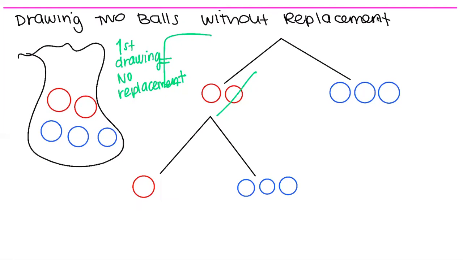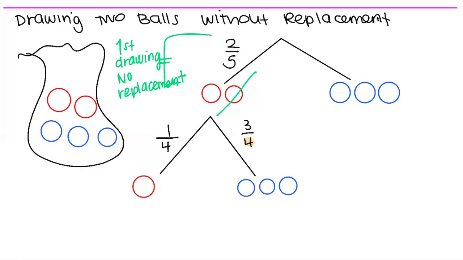And so before, my probability for red was 2 out of 5. Now, in my picture here on my tree diagram, I only have one red ball. And out of, in fact, a total of 4, one of them is red, 3 of them are blue. The probability of getting blue in the second drawing, if I got red first, is 3/4, because that 4 comes from the one red.